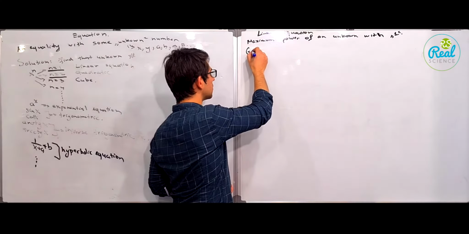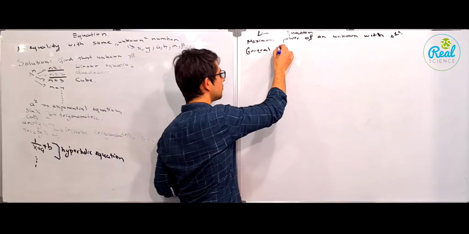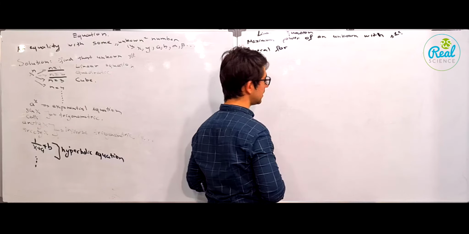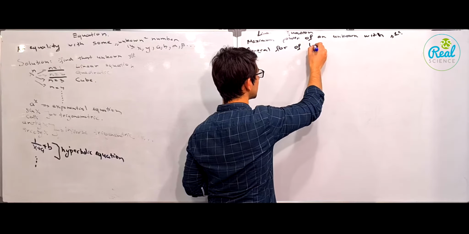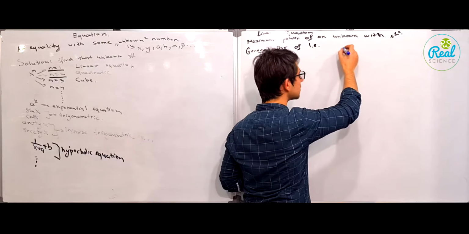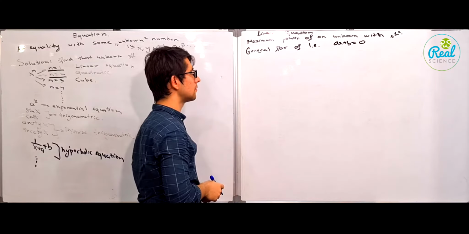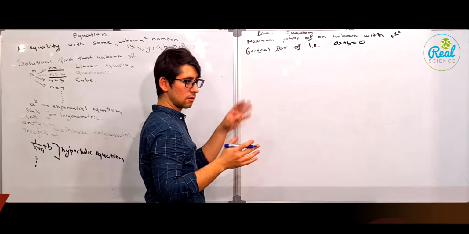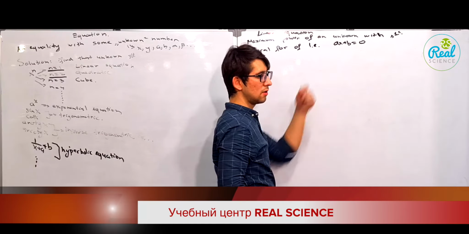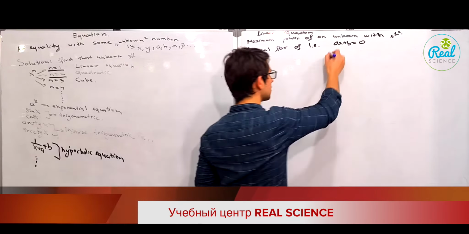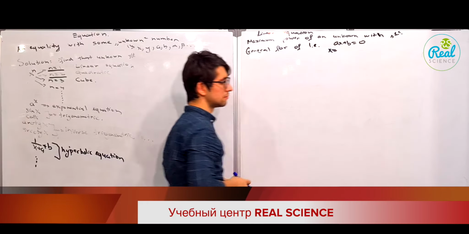So the general form of a linear equation is ax plus b equals 0, right? This is the general form. If it is given in another form, you have to bring it to its general form to find its solution, okay? So what is the solution of this equation?